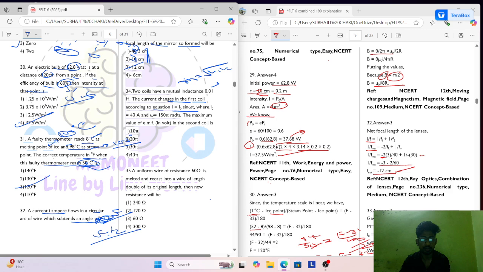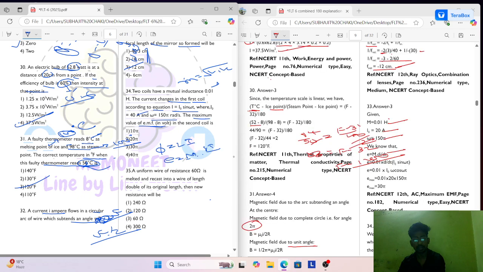So from this you can calculate that E equals M into di by dt, right? So E will be equal to 0.01 into di by dt of I naught sin omega t.